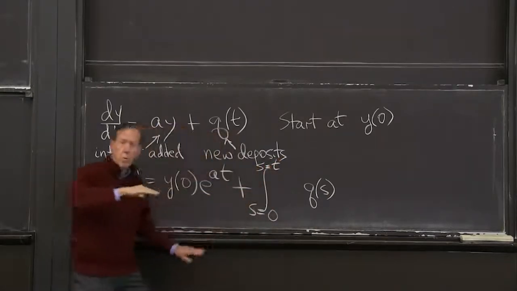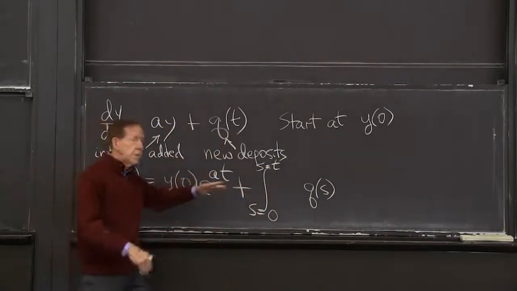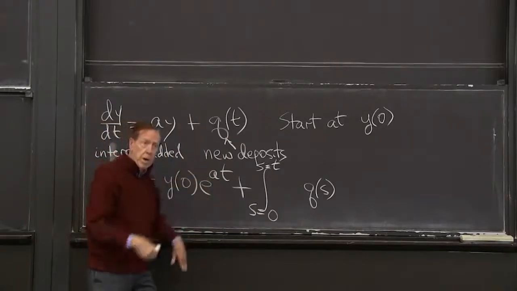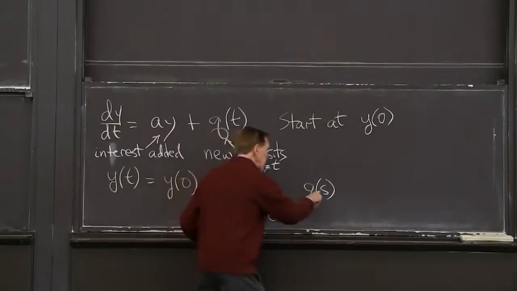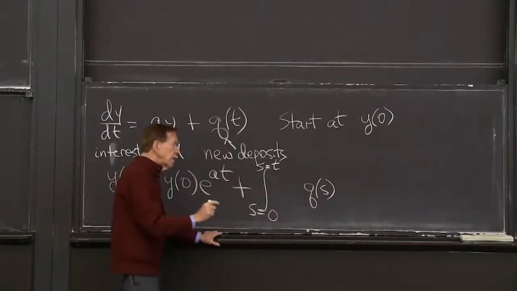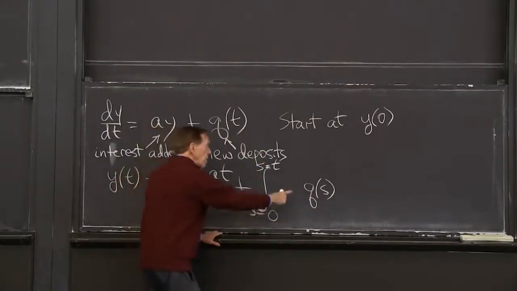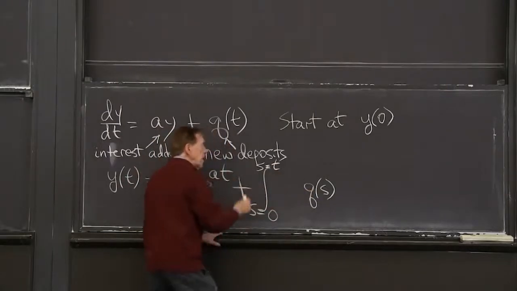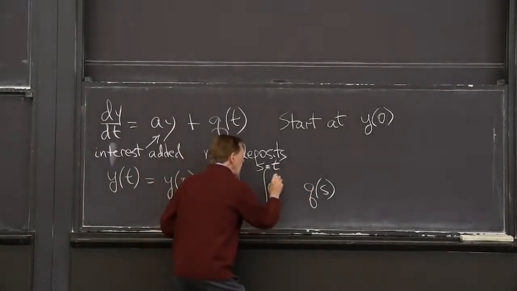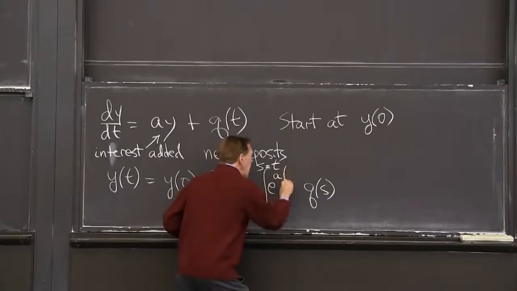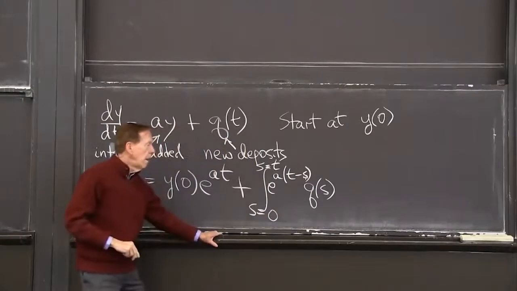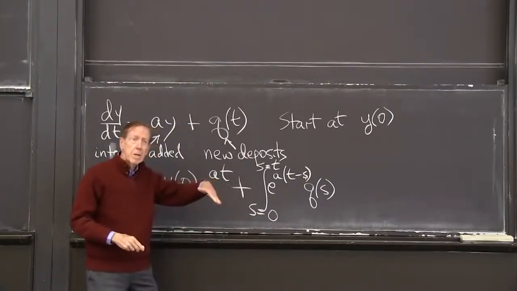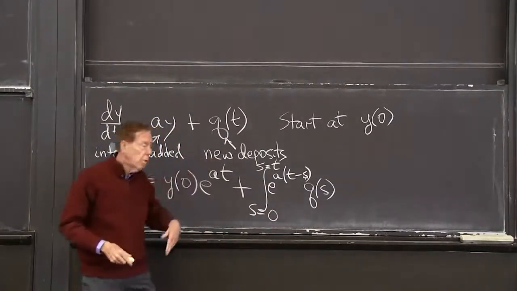So s is the running clock. t is when we look at our account and see what's in it. This deposit is made at time s, and then it grows over the remaining time from s to t. So it grows by a factor e to the a(t minus s). That's the key.